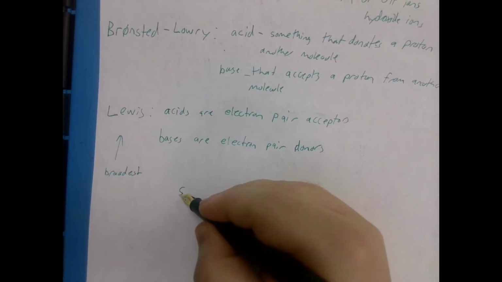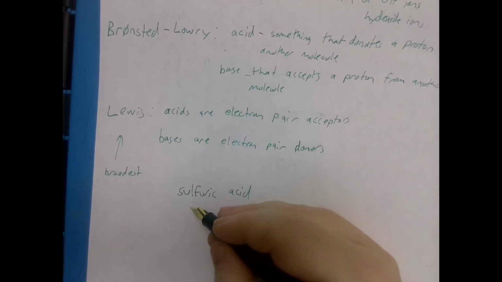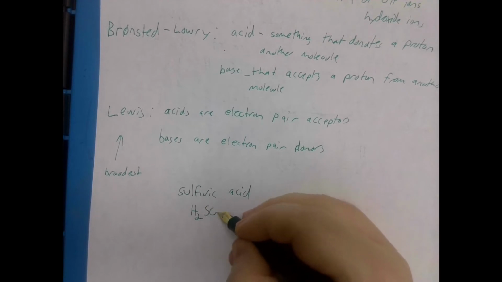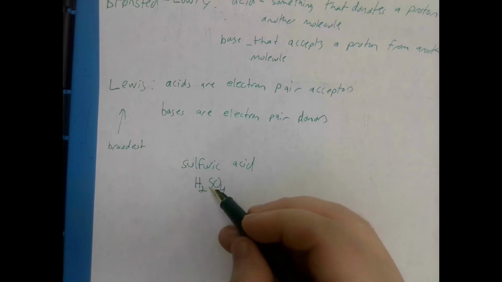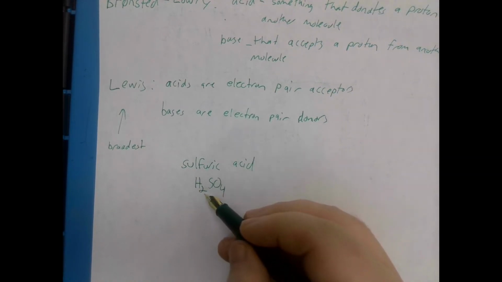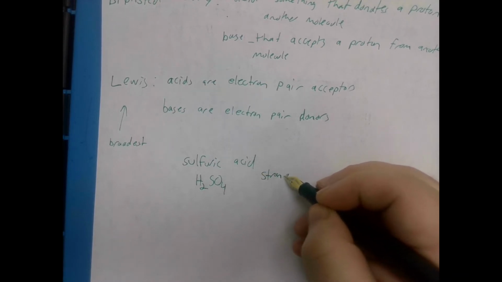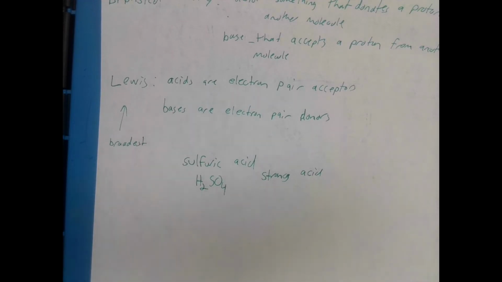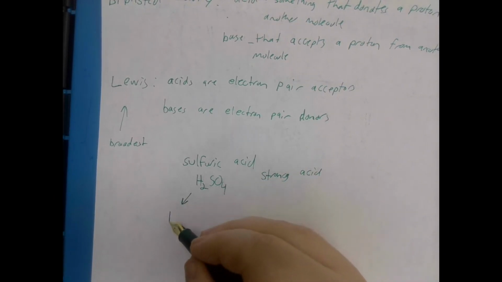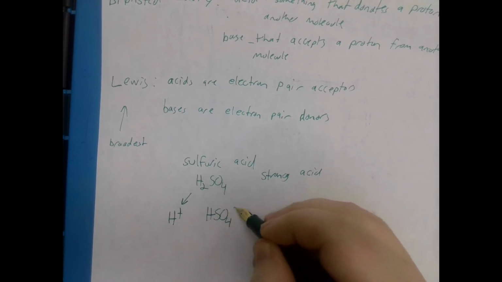Talking about sulfuric acid, the formula for sulfuric acid is H2SO4. When this dissociates, this is a strong acid, meaning every single molecule of sulfuric acid will break apart into ions. This breaks apart into H plus and HSO4 negative.